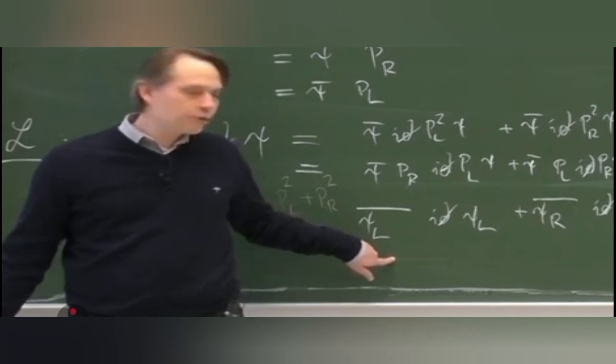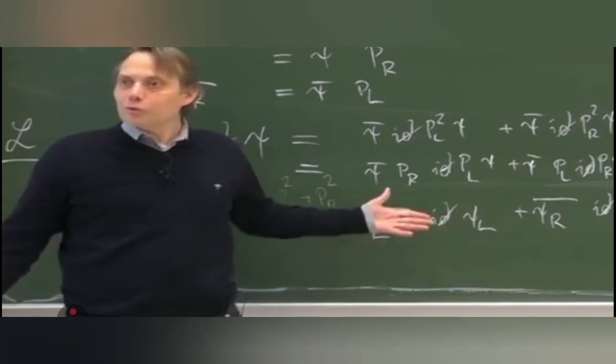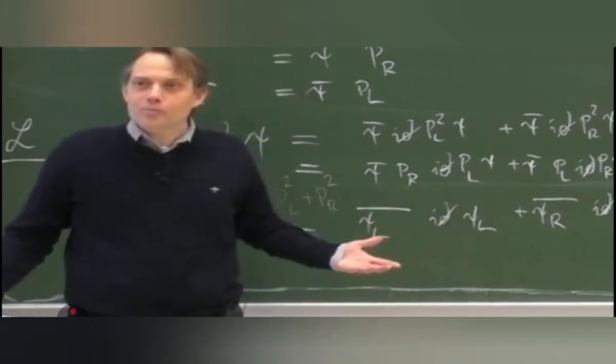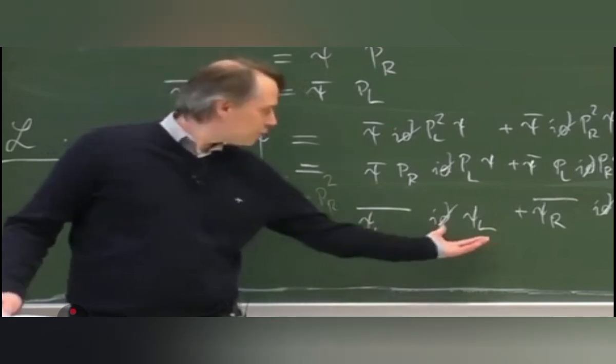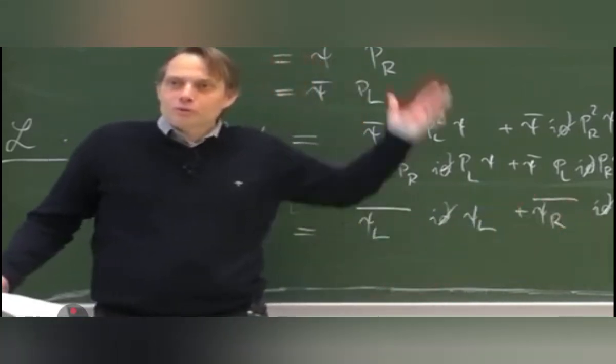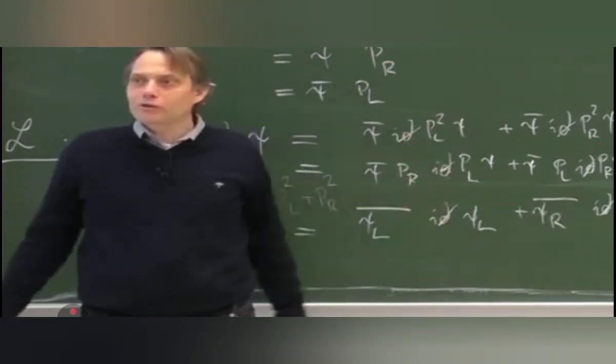It's also Hermitian, clearly Hermitian. And it's Lorentz invariant because, of course, psi left is a Lorentz invariant subspace. So that term is completely Lorentz invariant, and the second term is also Lorentz invariant. That was what I meant before, psi left, psi right, they do not mix at all under Lorentz transformations.